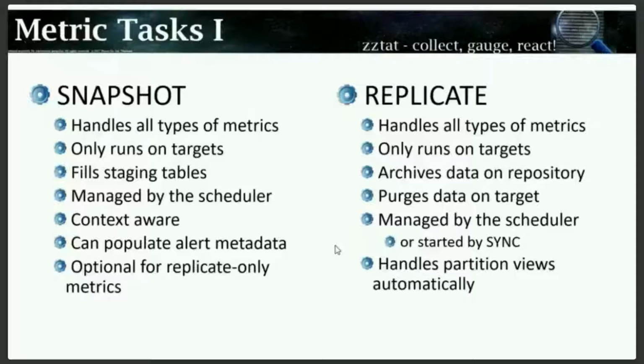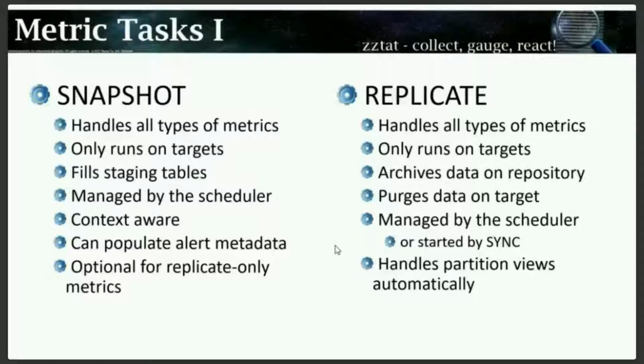So once snapshot has filled these staging tables, we want to make sure that the data in them is uploaded to the repository, and that's the role of the replicate process, or the primary role. What it does in addition to that is it also purges the data on the target databases.